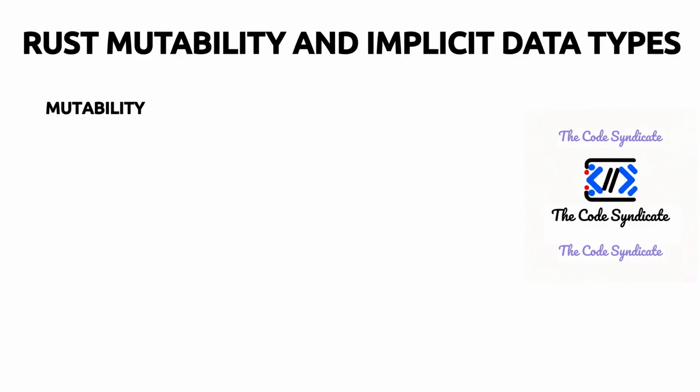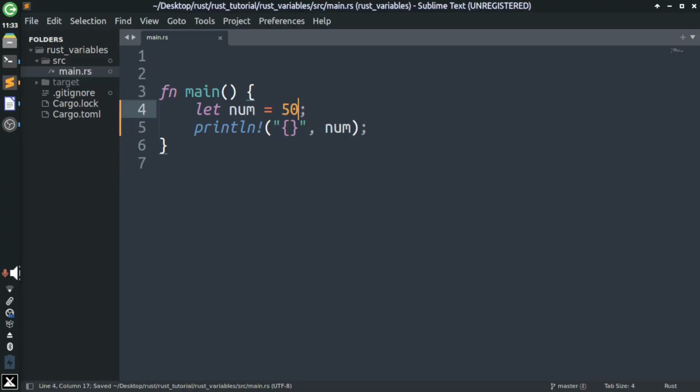Now, let's discuss mutability. How the mutability concept arises in Rust is from the fact that any variable you declare in Rust is by default immutable in nature. Immutability means you cannot change the value of a variable once it is declared. For example, let's try to change this num variable to, let's say, 40.